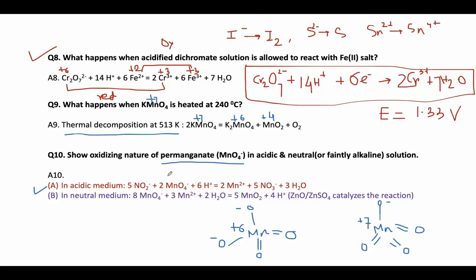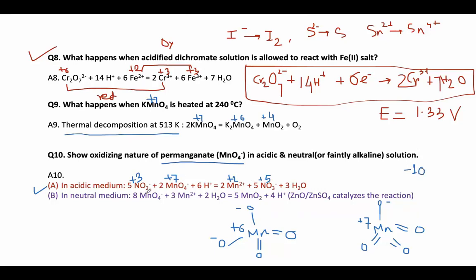Here you can see the manganese state is +7, and it is reduced to +2. In nitrite, the oxidation state of nitrogen is +3, but in nitrate, the oxidation state is +5. So a 5 unit reduction takes place on 2 moles of manganese, which is a net -10 change in the oxidation state.